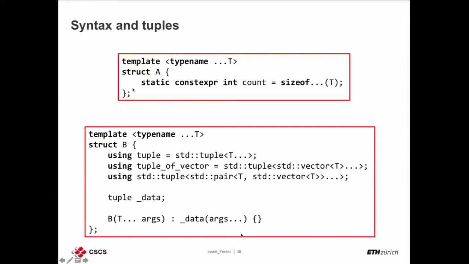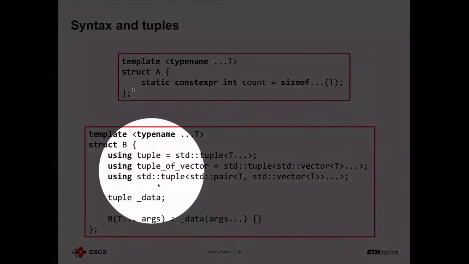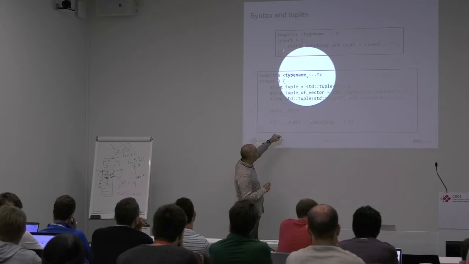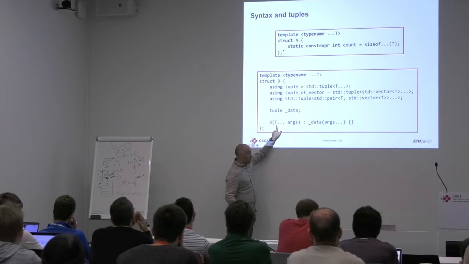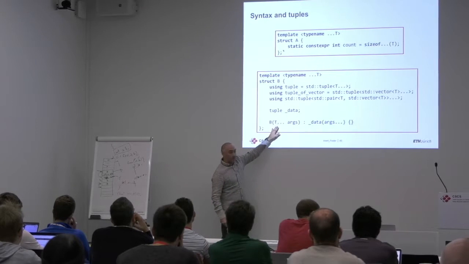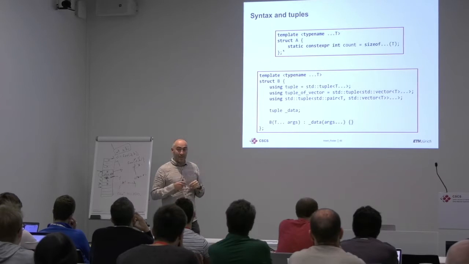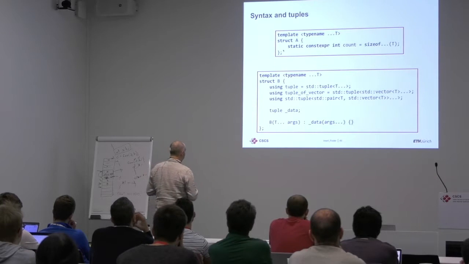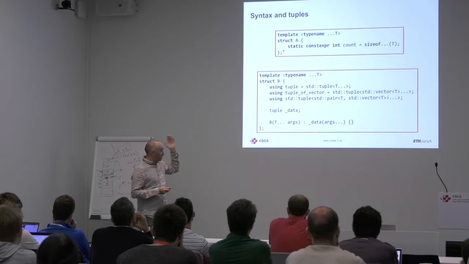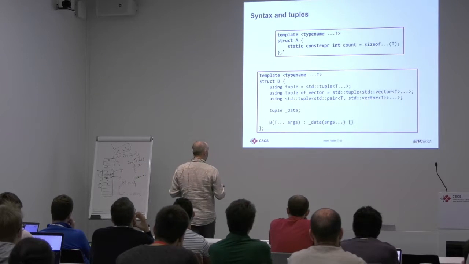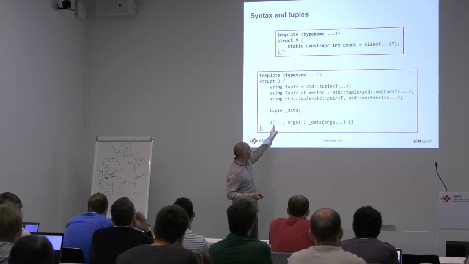Interesting to note here is that the type is on the class, and here is the type T. This list of types will be expanded at the time of the class instantiation, right? So if I instantiate it with int and float, I will have a constructor that takes int and float.